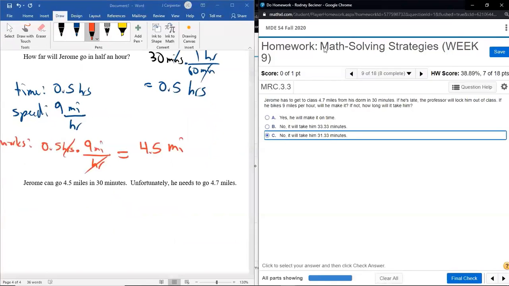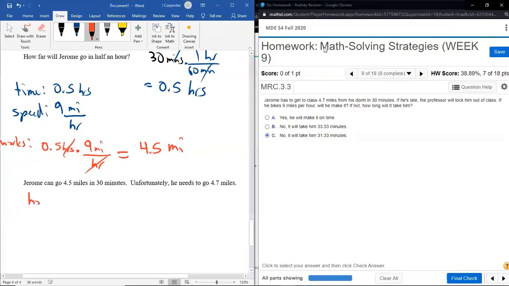We just have to convert it after the fact. Okay. So now let's see how long for the 4.7 miles. So again, now we're specifically trying to hit the 4.7 miles. So the 30 minutes is out. We're not using that. We're just using the 9 and the 4.7.